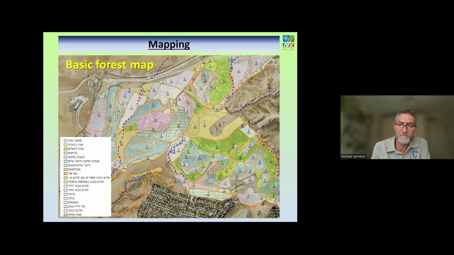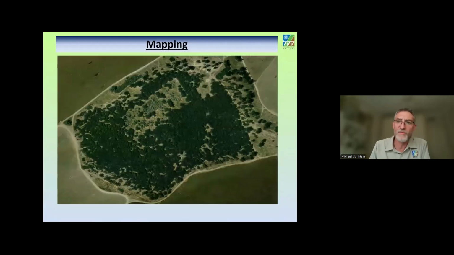And it also gives an insight into the species composition of each stand, which is, sorry, it's in Hebrew, but which is defined here by color, whether it is Pinus halepensis or mixed stand or cypress or whatever. Okay, this is again the basic forest map that we use day by day, every day in managing our plantations.